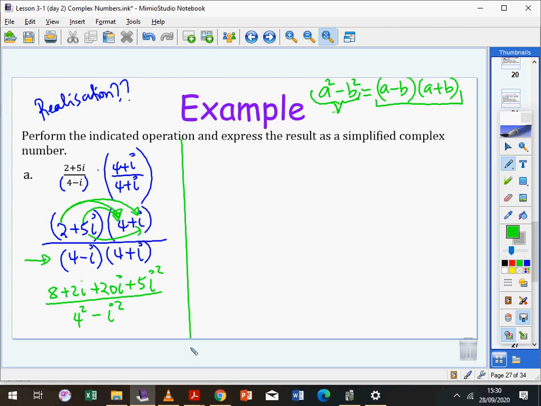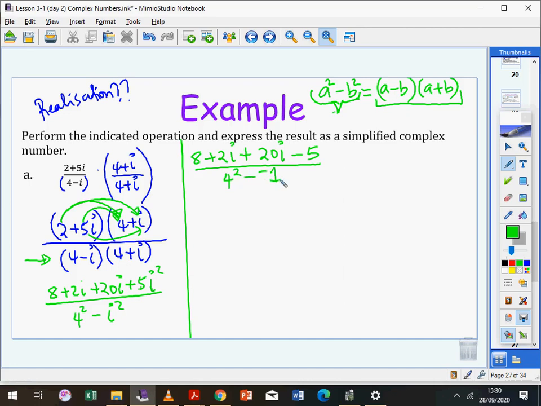In the numerator, I have 8 plus 2i plus 20i plus, now I know that i squared is the same as negative 1. Negative 1 times 5 is negative 5. And in the denominator, again, i squared is negative 1. So this is basically 4 squared minus negative 1.